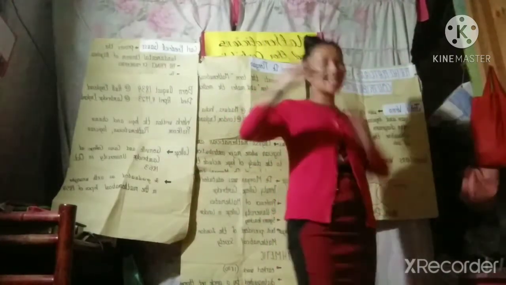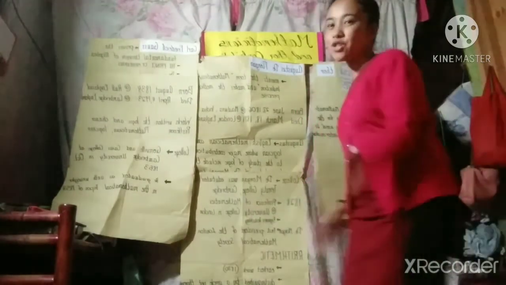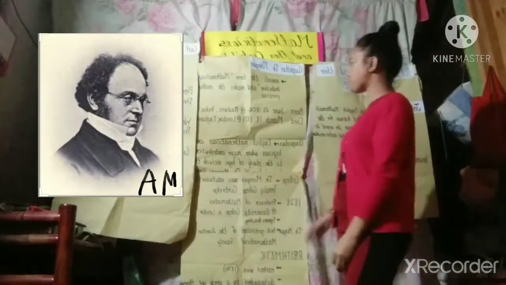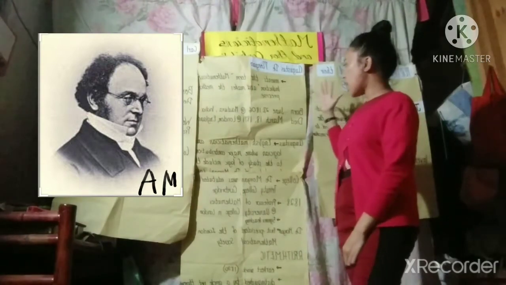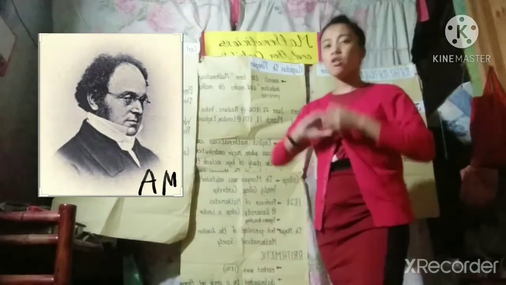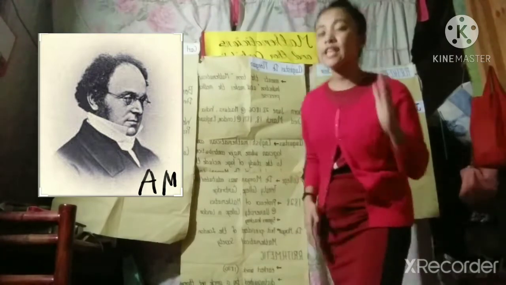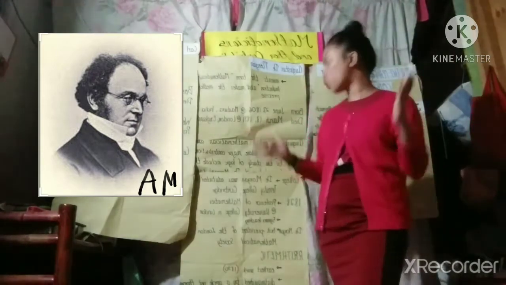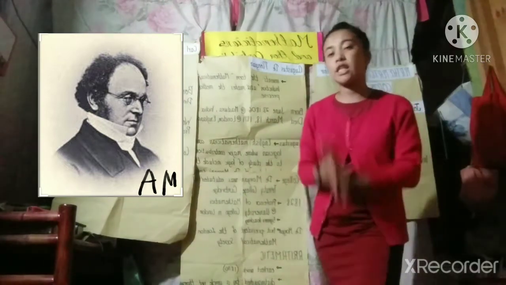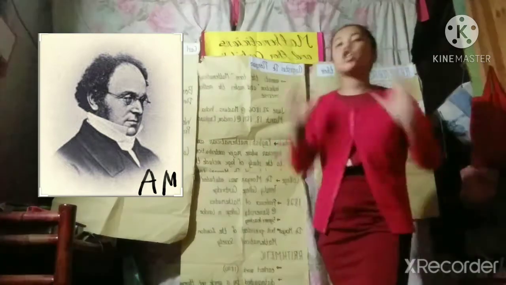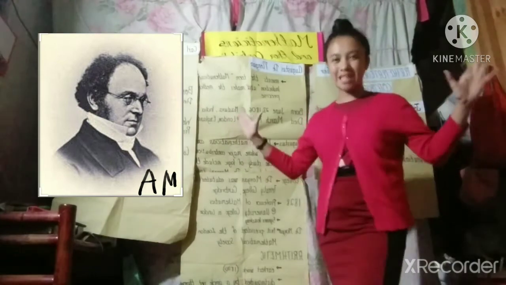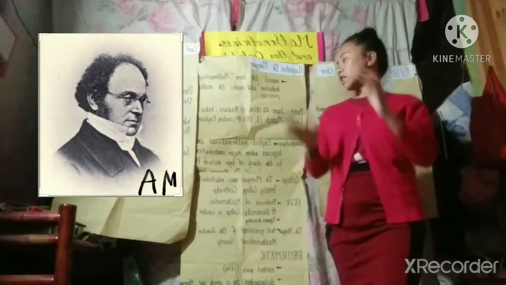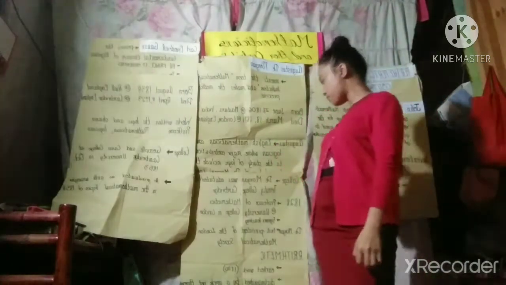For our second mathematician, I'm going to introduce to you Augustus de Morgan. Augustus de Morgan is also known as an English mathematician and logician whose major contribution to the study of logic includes the formulation of De Morgan's law. Here is an example.